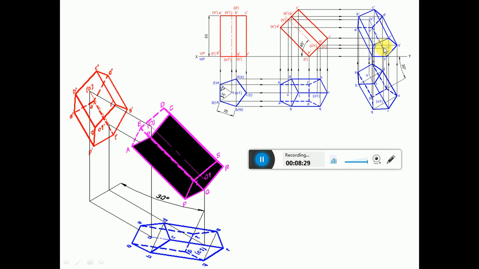So now we are going to apply the condition of visibility and invisibility. The first condition is that all the exterior edges of the boundaries of the solids are visible.